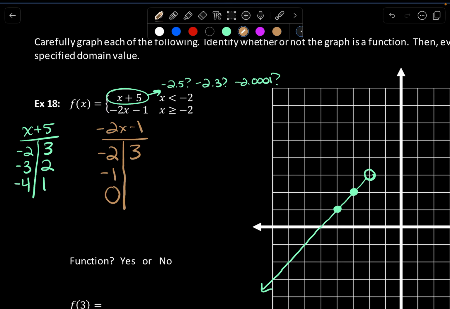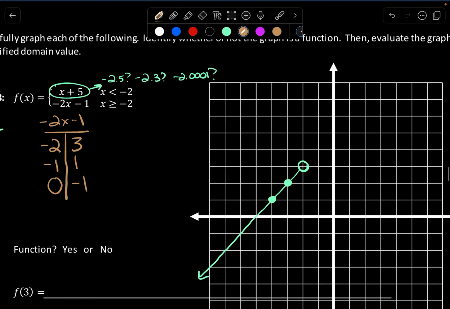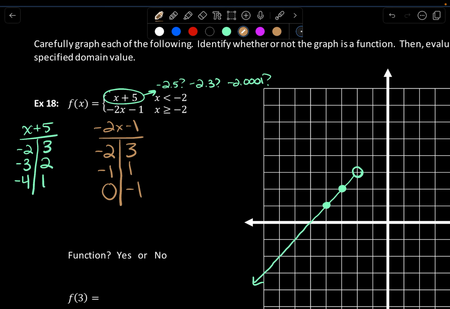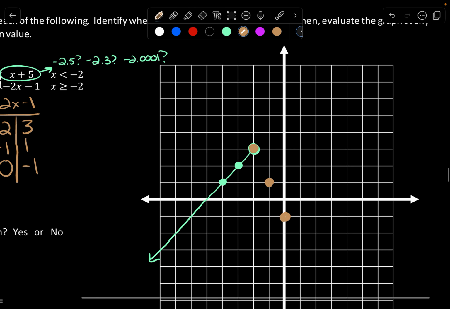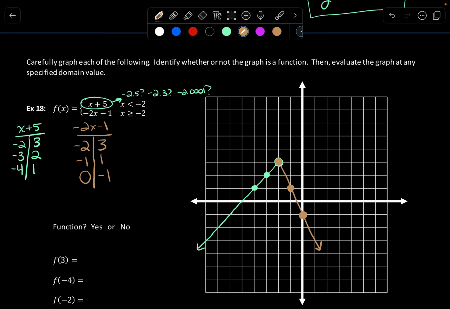If I plug in -1, I get +1. Plug in 0, I get -1. So -2, 3. So we'll fill in that circle there. And then -1, 1. And then 0, -1. So we have that slope of -2. And I'll stop it there.